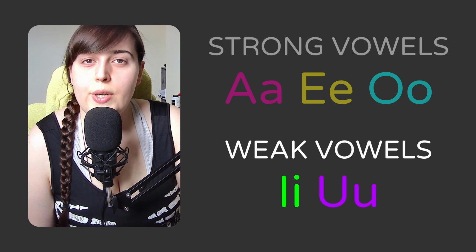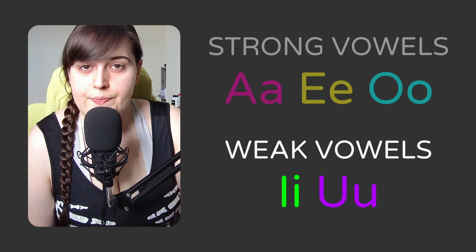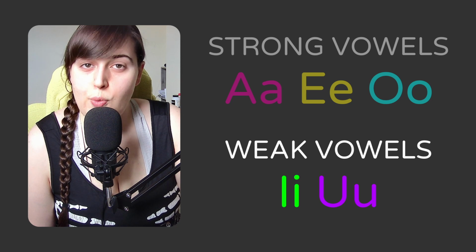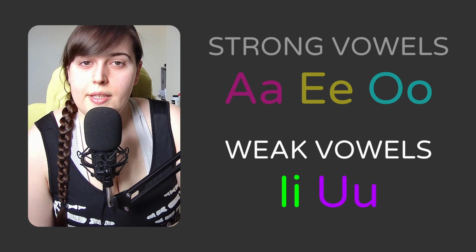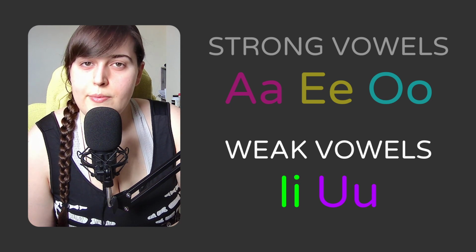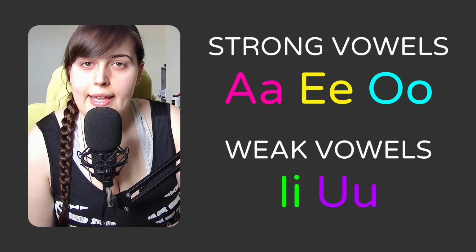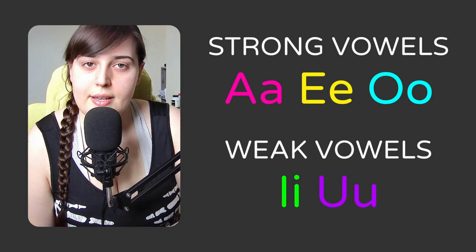However, there are 2 cases where I and U become strong vowels. First, when they are accentuated, or second, due to etymological reasons. In these 2 cases, we follow the same rules we apply to A, E, and O. Let's see some examples.